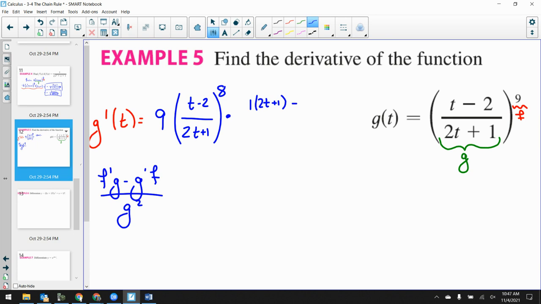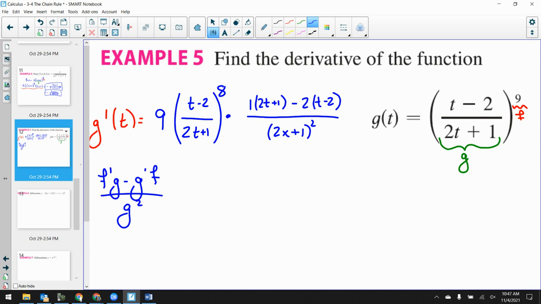What's the derivative of the denominator? 2 times the numerator, all divided by the denominator squared. Derivative of the top times the bottom minus the derivative of the bottom times the top, all over the bottom squared.